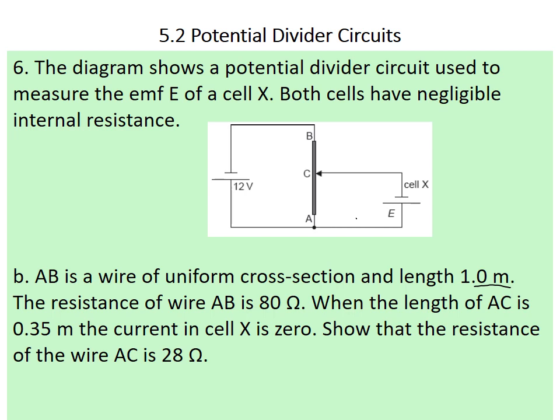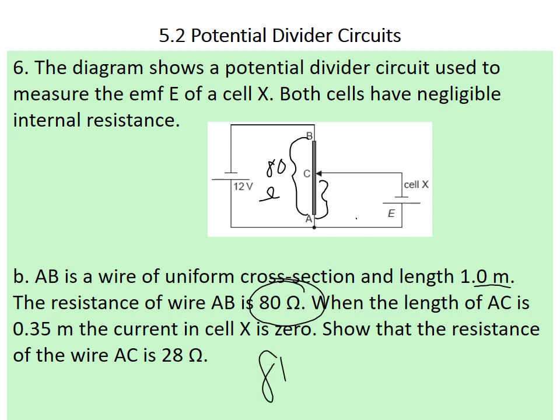So I've reduced the length to 35% of its original value. So if I reduce the original 80 ohms by 35%, because resistance is proportional to length, I should get 28 ohms.